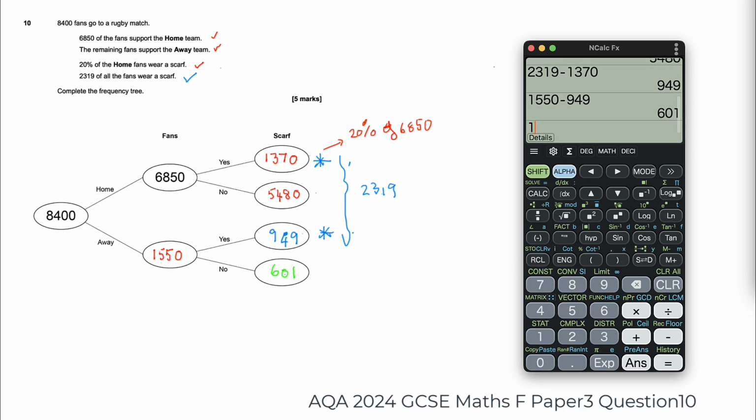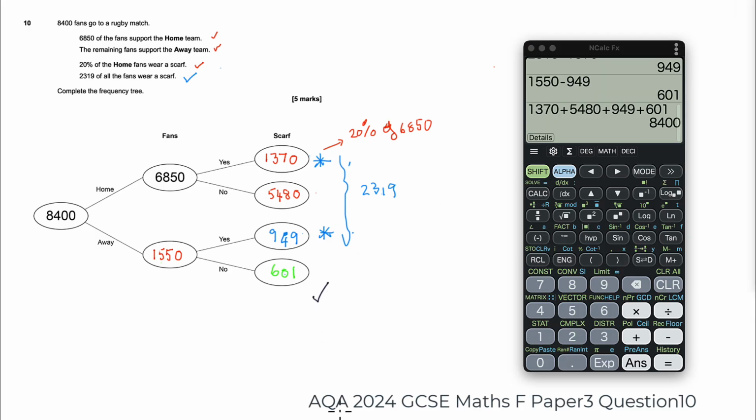So there's 1,370 plus 5,480 plus 949 plus 601. Fingers crossed. There we go, 8,400. So we've double checked. That seems to have worked. So there's the completed frequency tree.